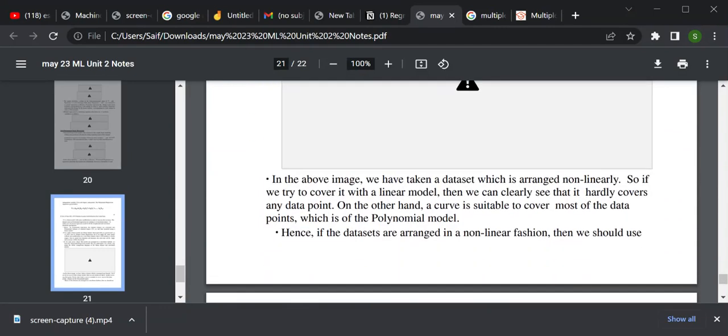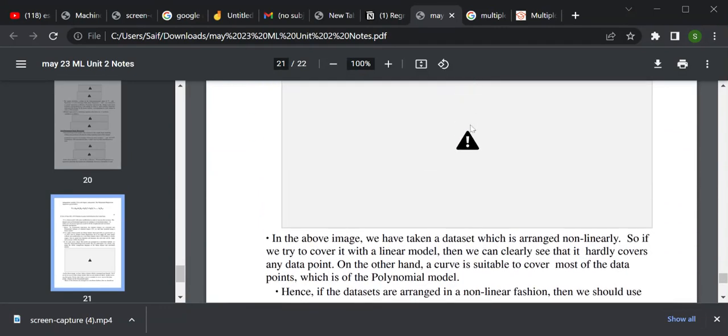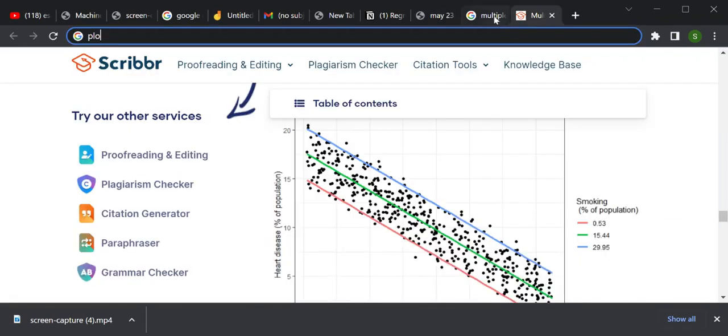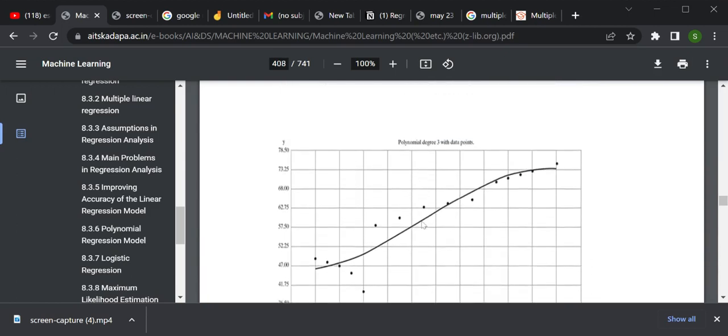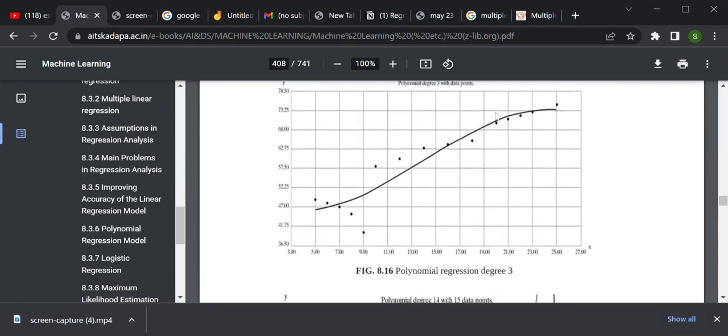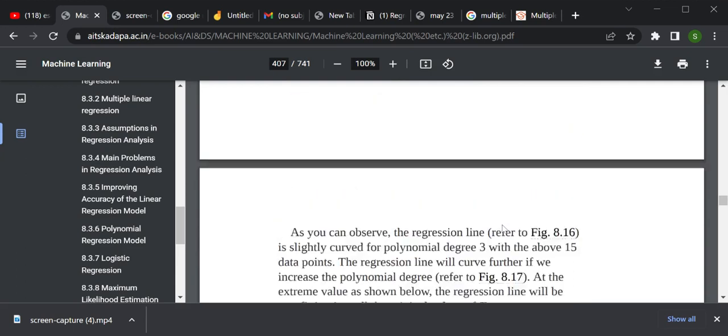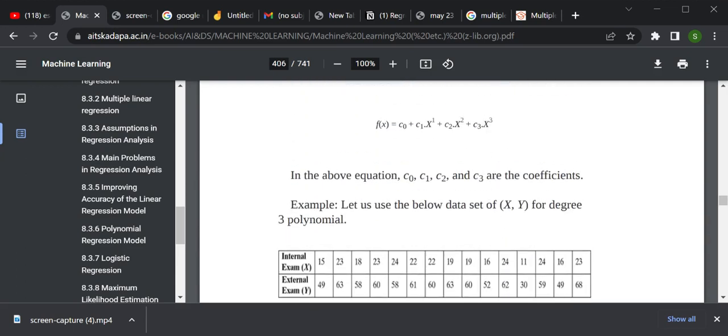Let's see an example. As you can see, polynomial regression of degree 2, degree 3. See, this is the equation, with C0, C1, and so on.